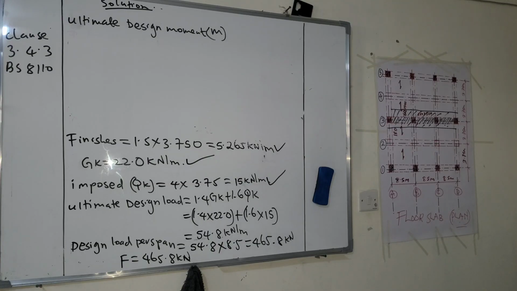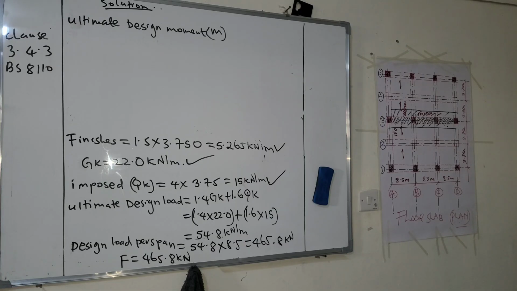Spans are of equal length, or variation in span length should not exceed 15% of longest span. As you can see, our spans have equal length, which is 8.5 meters, 8.5 meters, 8.5 meters. Therefore, all the 3 conditions are okay.